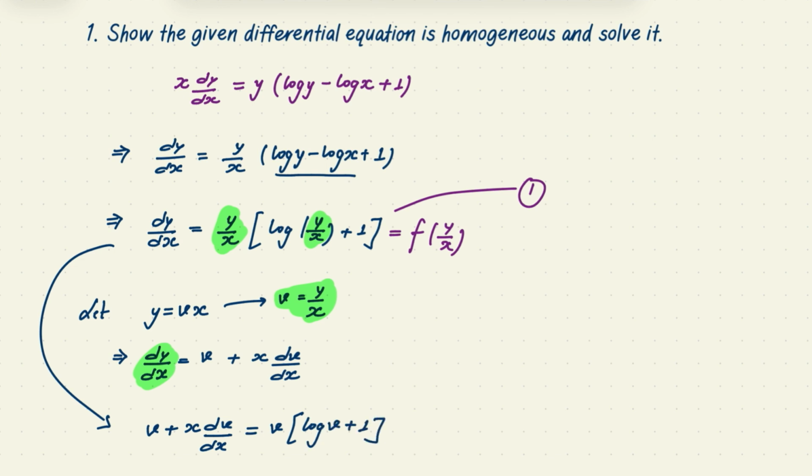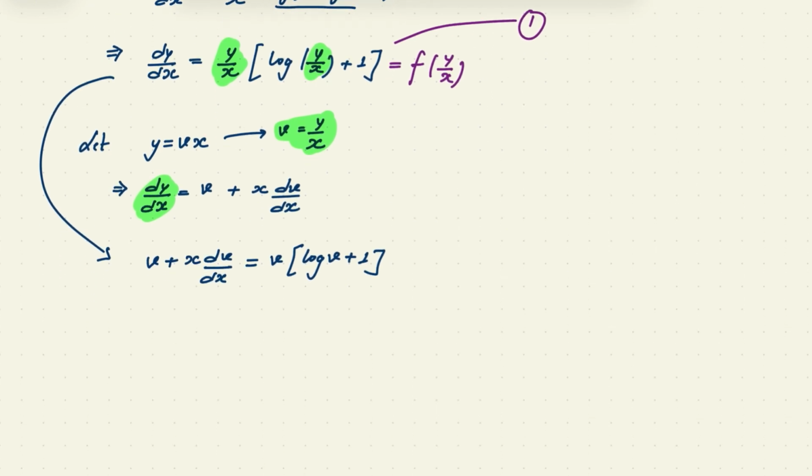So, my differential equation has two variables now, that is v and x. Now, we will solve this differential equation by the method of separating the variables, which we have learned in the previous videos. So, v plus x into dv over dx equals, opening the bracket, v into log v plus v into 1 is v.